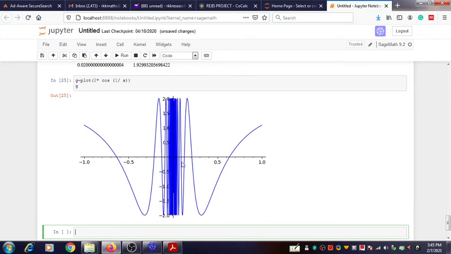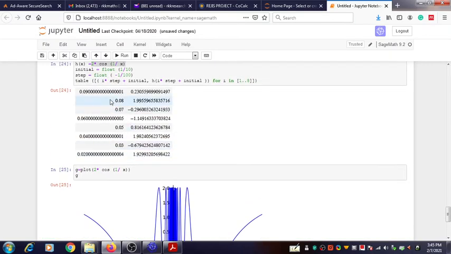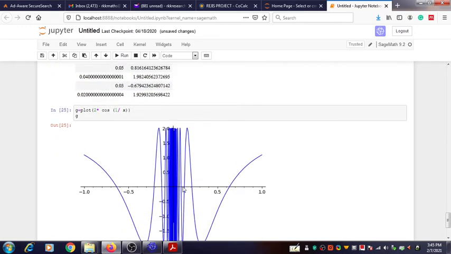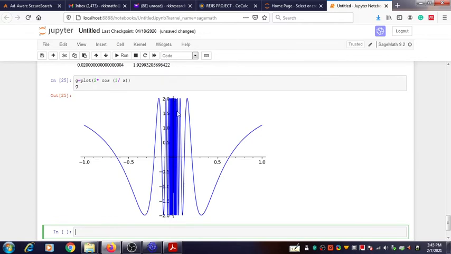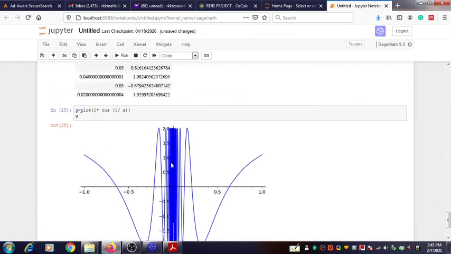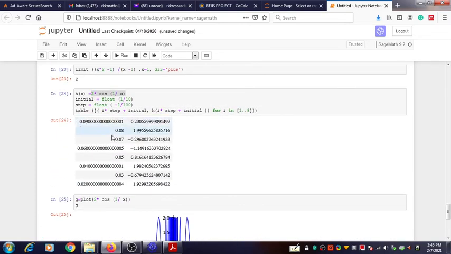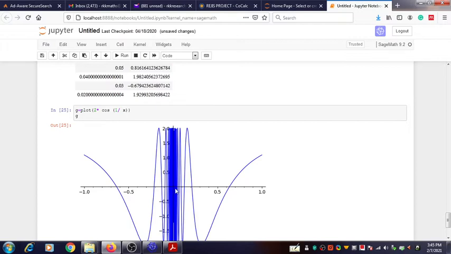From the plot of the function, it is clear that here we are considering the point 0.09. The starting point is 0.09. The origin, x equal to 0, is this point, where the cursor moves. You can see these points correspond to x equal to 0. So the starting point 0.09 lies on the right side, somewhere here.